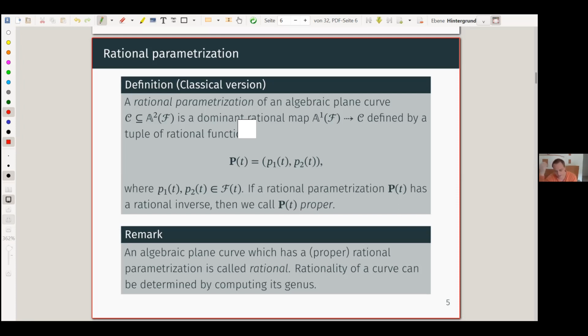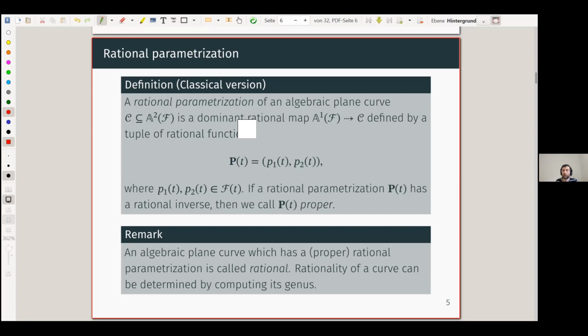So this is the classical definition you'll find in algebraic geometry. And for an algebraic curve which has a rational parameterization, we usually say that the curve is rational. Typically you would distinguish between unirationality and stuff like this, but for curves, this is the same.